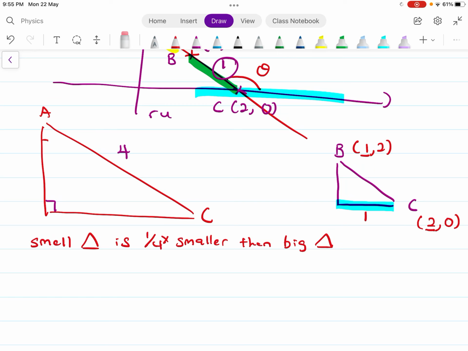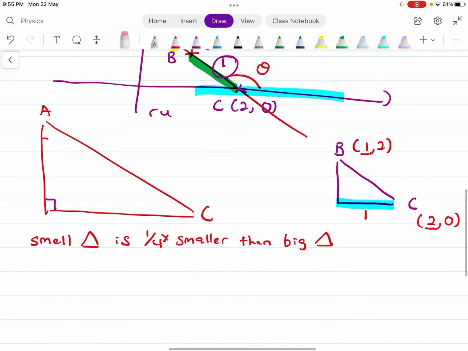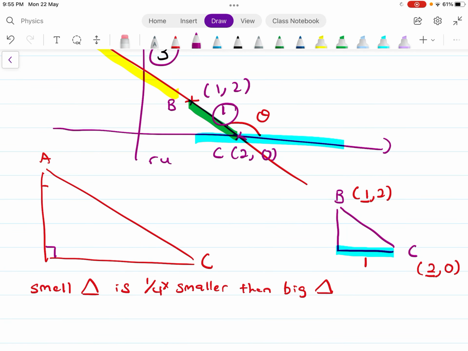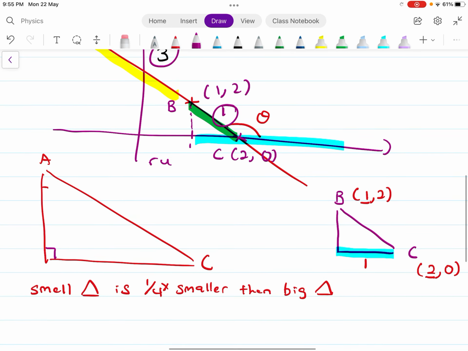Let me just erase the ratio first. Because this part is 1 and this part is 2, this thing right here will be 1 unit. So this is not the ratio, this is the so-called exact length, 1 unit.